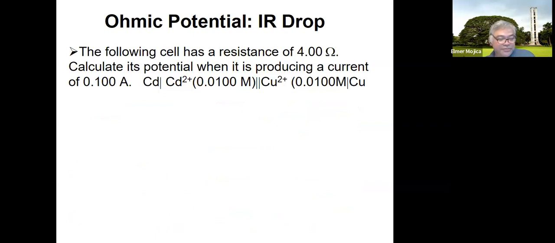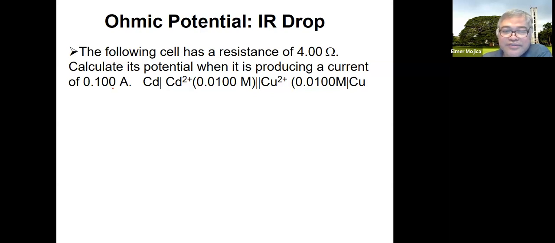Now, for us to understand this, let's try to solve a problem. The following cell has a resistance of 4 ohms. Calculate its potential when it is producing a current of 0.1 ampere.